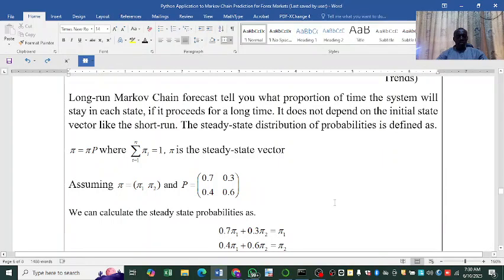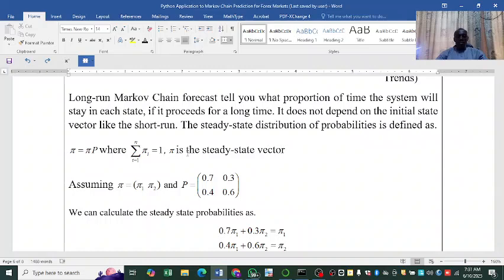Manually, let's assume that we have pi is equal to pi multiplied by the probability, where the summation of all the pi must be equal to 1. Pi is the steady state vector, because in the long run, we assume that there is a steady state.